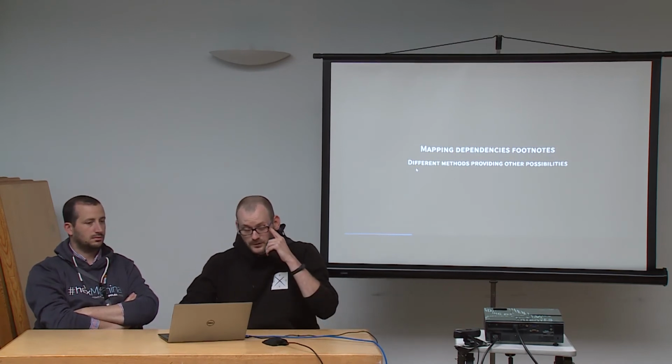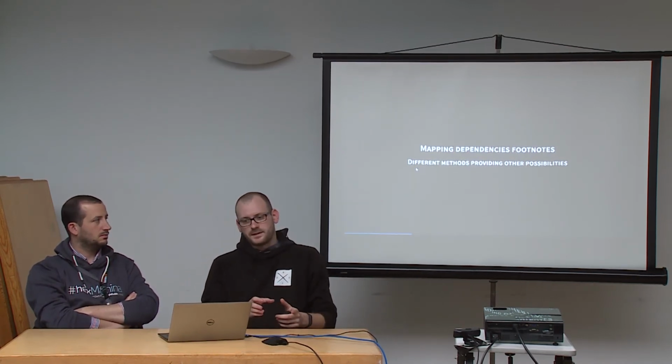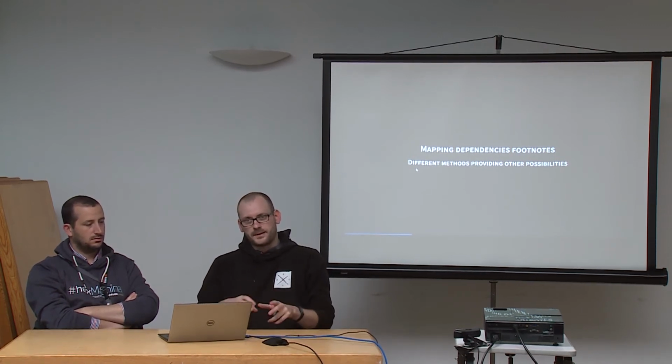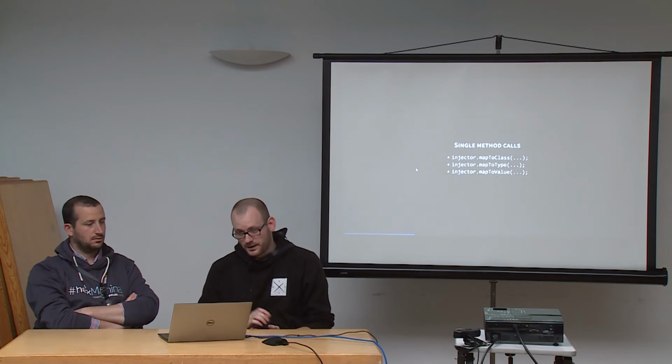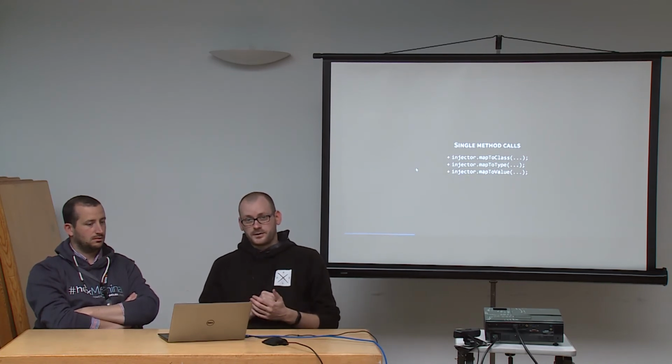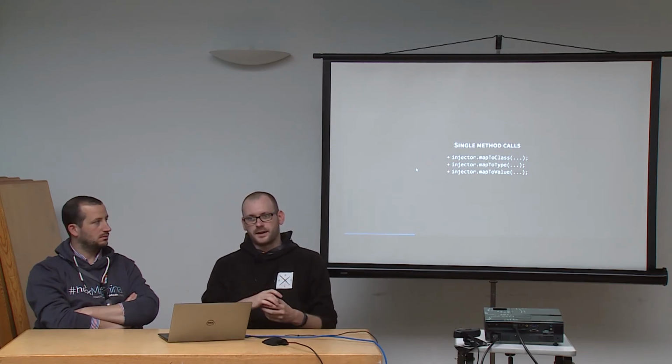There are not only methods that are map something dot to something, but there are also method calls which are like a single method call that doesn't create the fluent interface object. You do map to class, map to value, and so on.